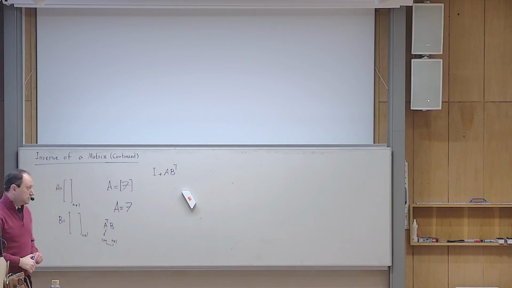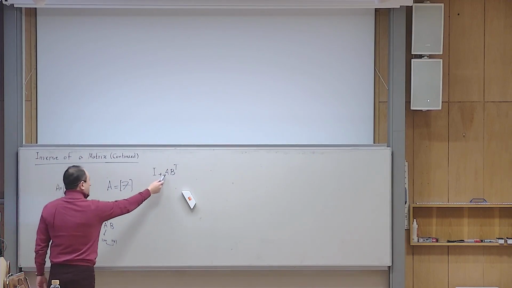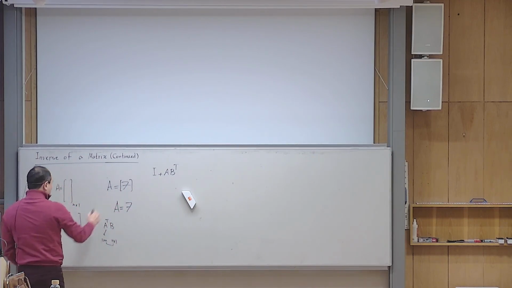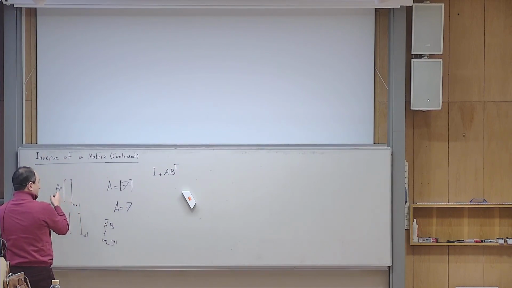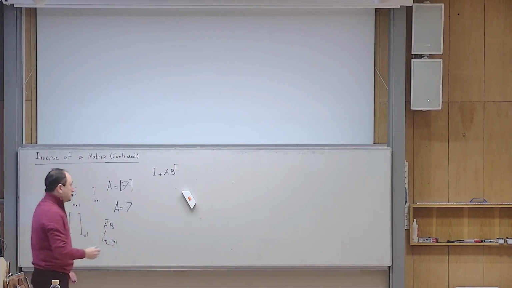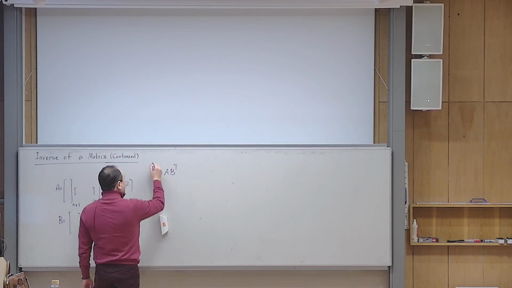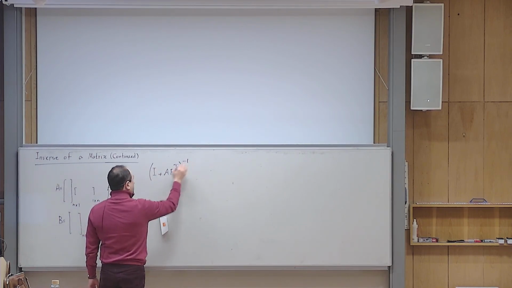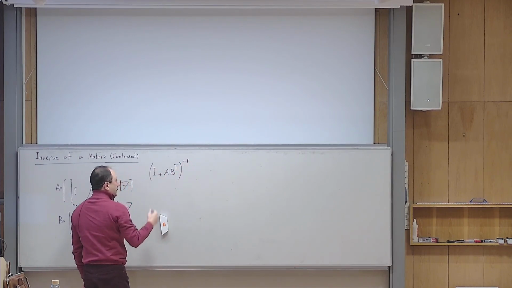N by N. Yes, because A is n by 1 and you multiply it by B transpose, but A is sitting on the left this time and B is sitting on the right. If I multiply an n by 1 matrix by a 1 by n matrix, the answer becomes an n by n matrix.